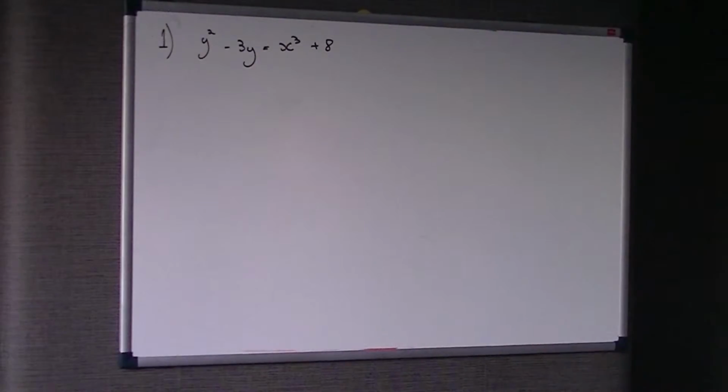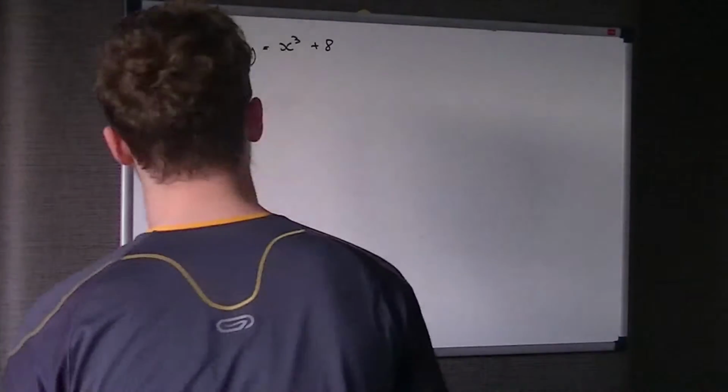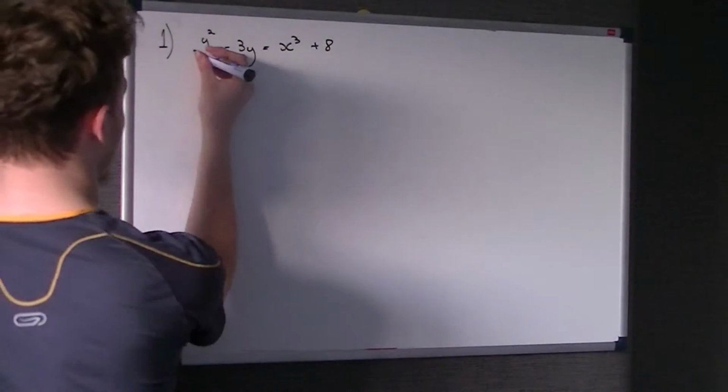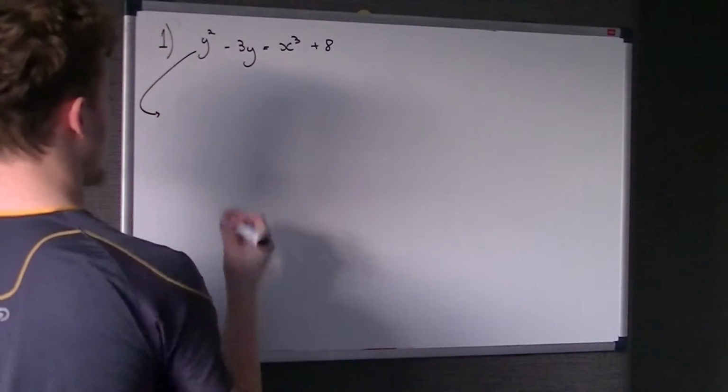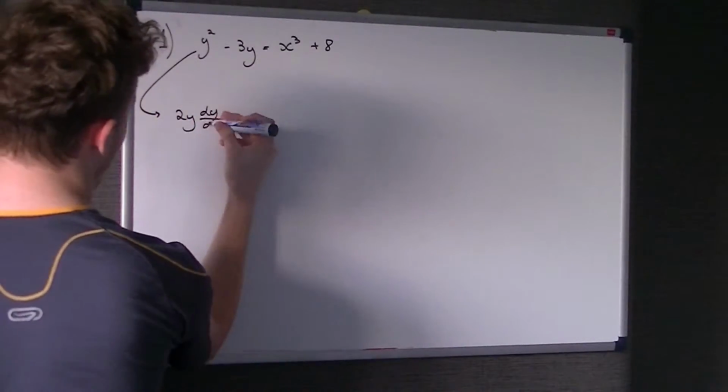Okay, so what we're told is y squared take 3y is equal to x cubed plus 8. The first thing we're asked to do is find dy/dx in terms of x and y. So differentiate like you normally would. This would become 2y, and because it's a y, you put dy/dx next to it.